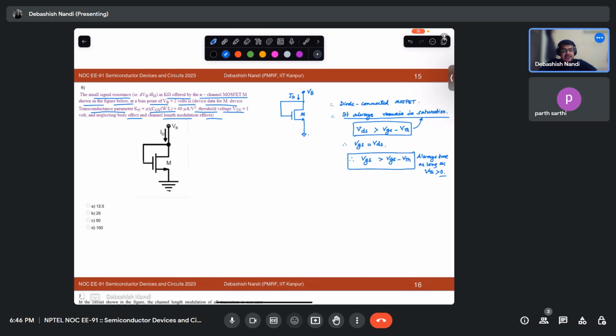Remember this point. This is a diode connected MOSFET. So now if you write the current relation, what will be the current relation in saturation? What is the diode current relation?